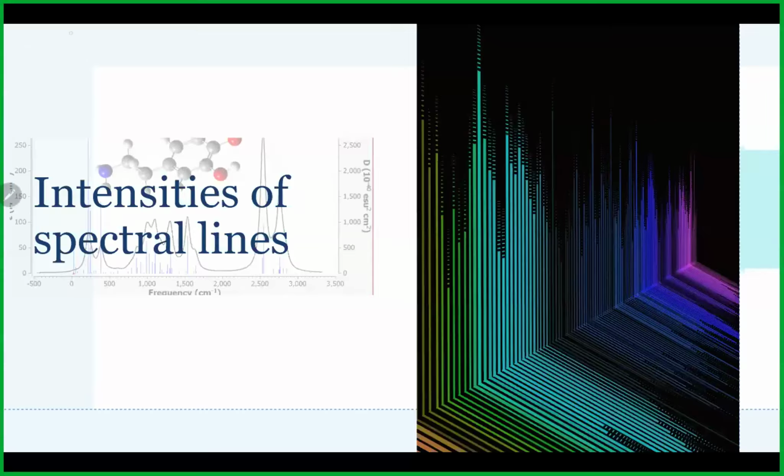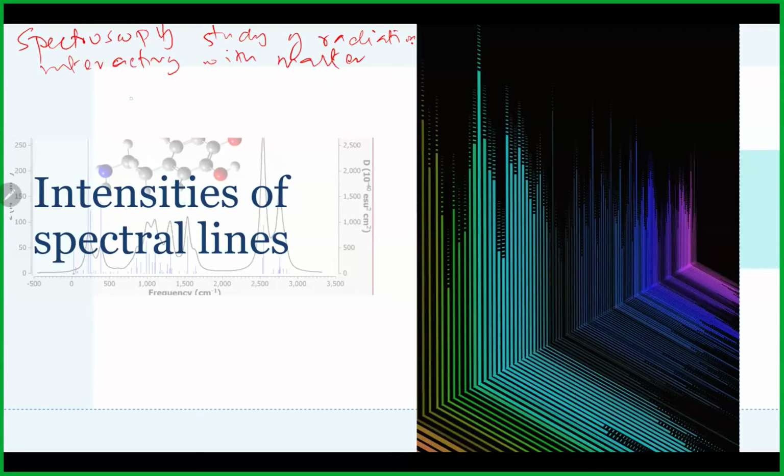Okay, so we said spectroscopy is the study of radiation after interacting with matter. And we said one of the ways that matter interacts with radiation is by absorption or stimulated emission.